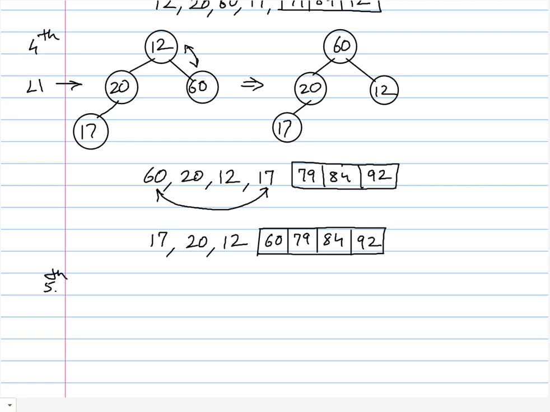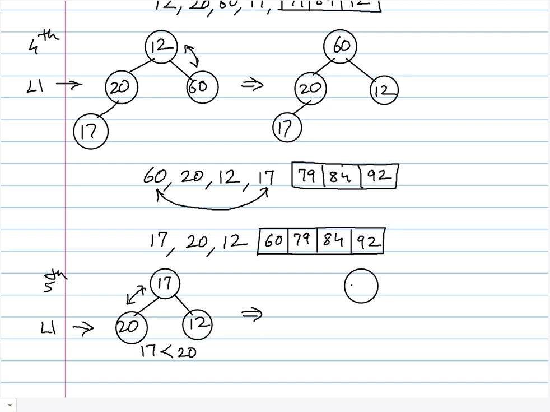In the fifth pass, now root is 17, left child 20, right child 12. So at level 1 the maximum element is 20, root is 17. 17 is less than 20, so we will swap it. So after swapping you will get the heap as, at the root 20, left 17, right 12.